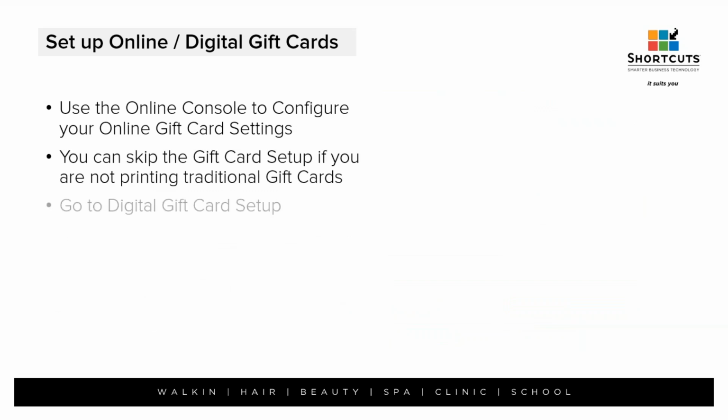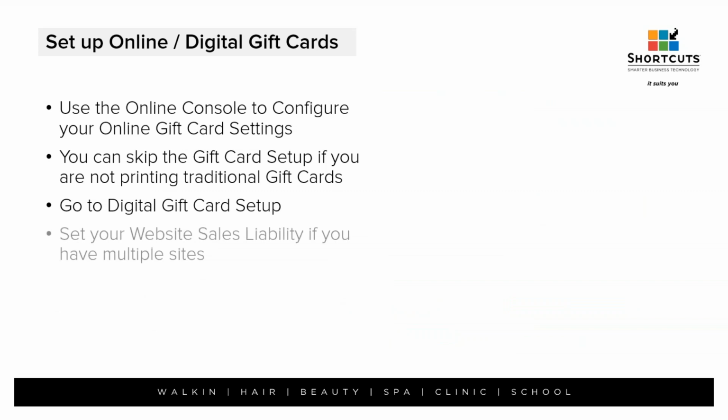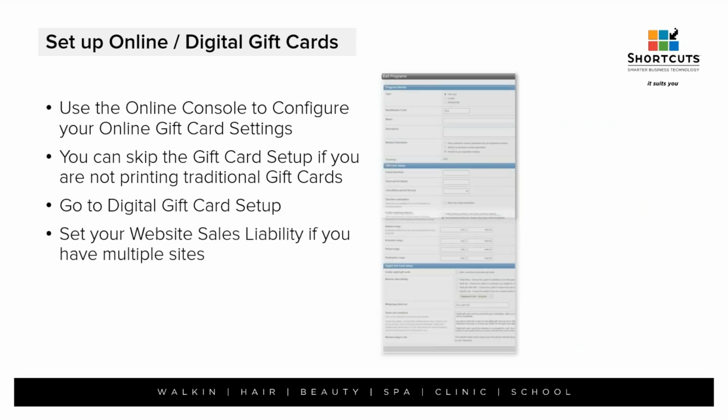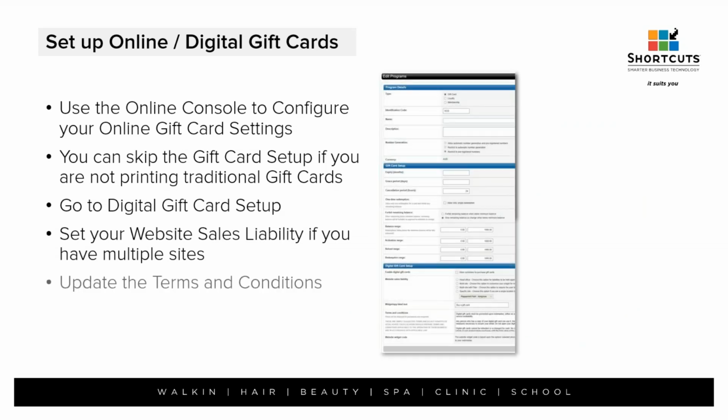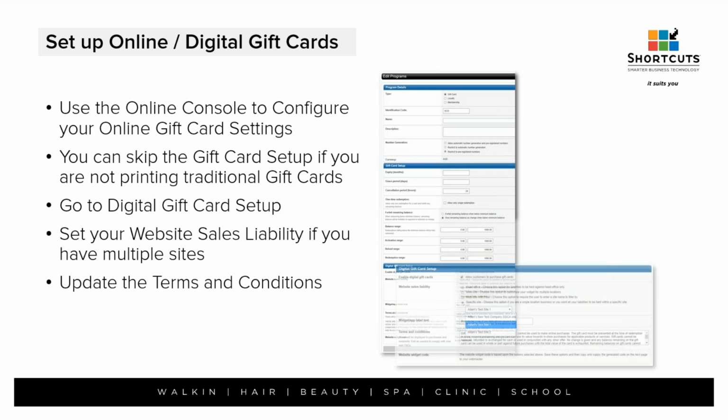But once we create a gift card program in the console, we use that to tell Shortcuts, am I creating physical gift cards, or at the very bottom of the screen, am I creating digital gift cards? If I'm creating digital ones, then there's a few checkboxes I would select. If a customer is buying an online gift card, where is that liability being held?